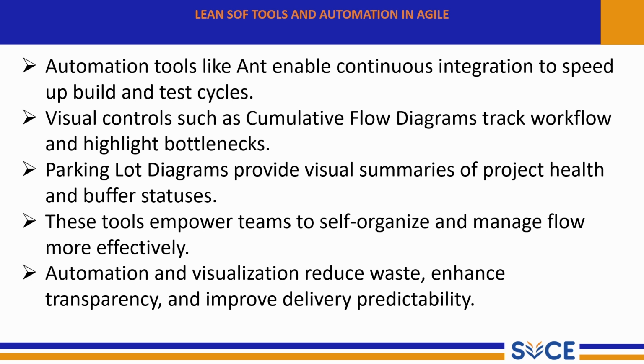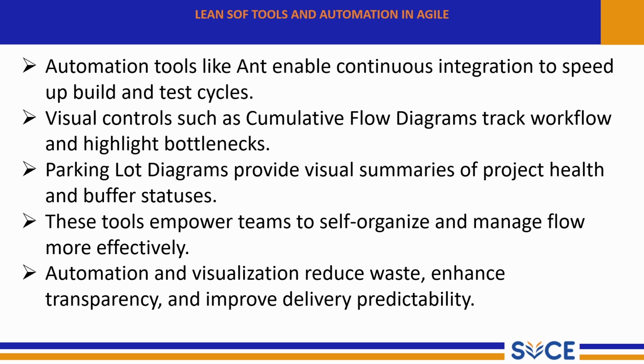Automation and visualization reduce waste, enhance transparency, and improve delivery predictability. Automation removes repetitive manual tasks and reduces time waste. Visual tools keep everything transparent so everyone sees what is happening.